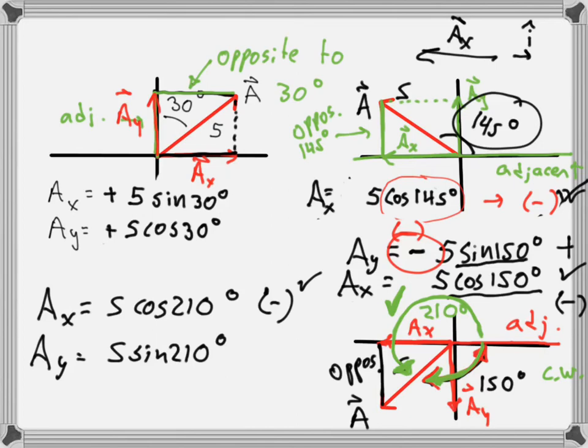And the y component would have been 5 sine of 210, again giving you the correct negative answer. So again, it's important to keep in mind that you might need to fix the sign of your x or y components, depending on what angle you're using.